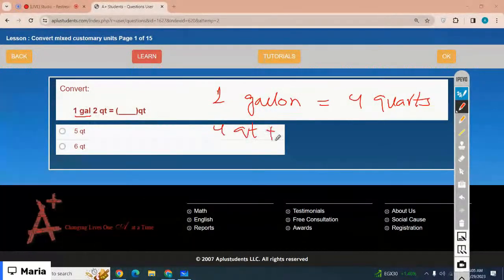You already have 2 quarts, so just add 4 quarts plus 2 quarts equals 6 quarts. So the correct option is 6 quarts.